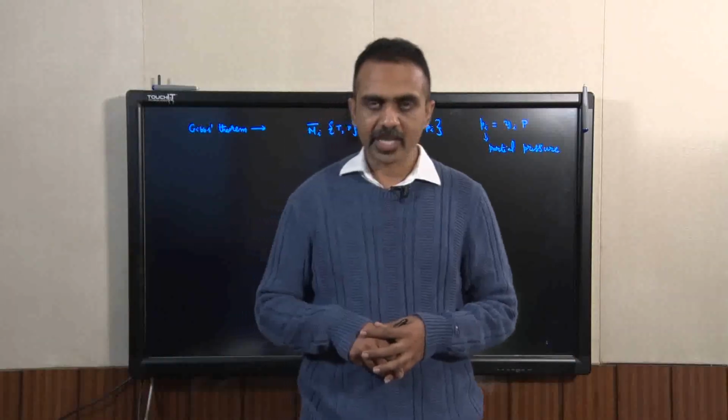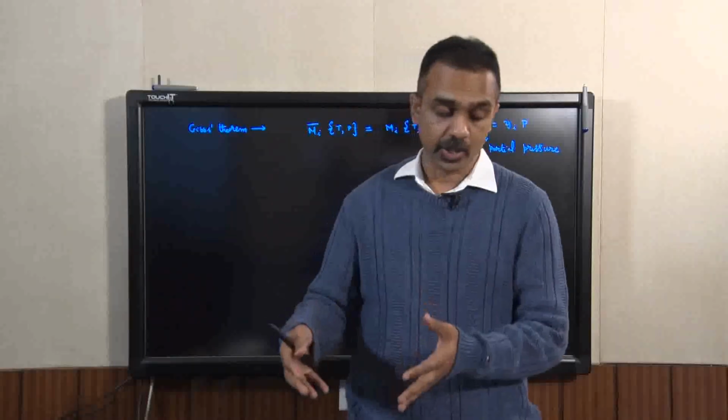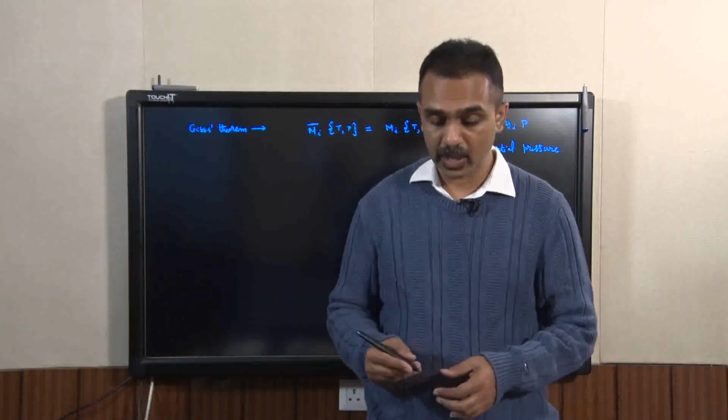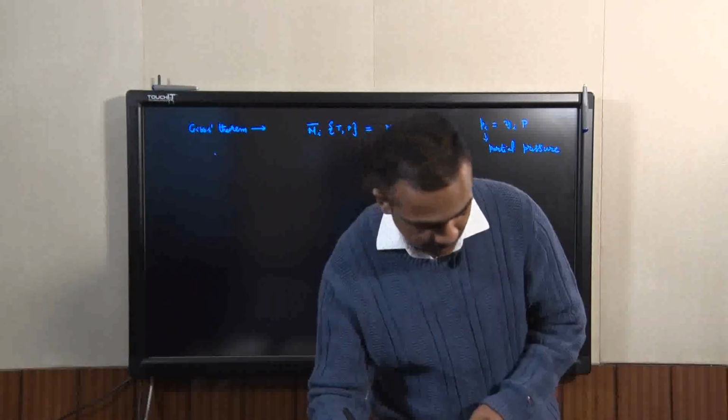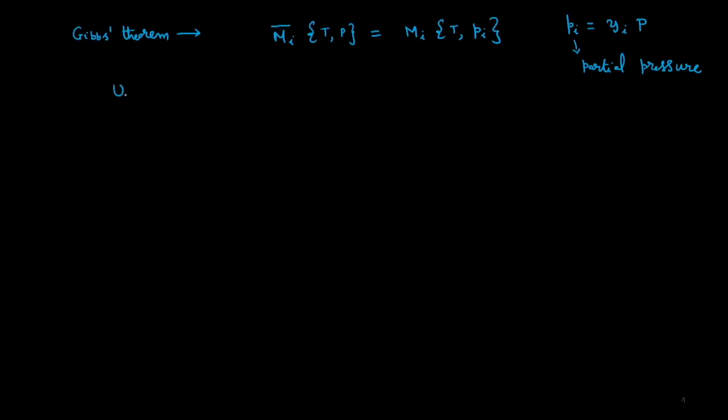Now, we'll take this idea to estimate the other partial molar properties or thermodynamic quantities. The first one of interest is Ui bar at a given temperature and pressure. This will be Ui at its partial pressure Pi, right?